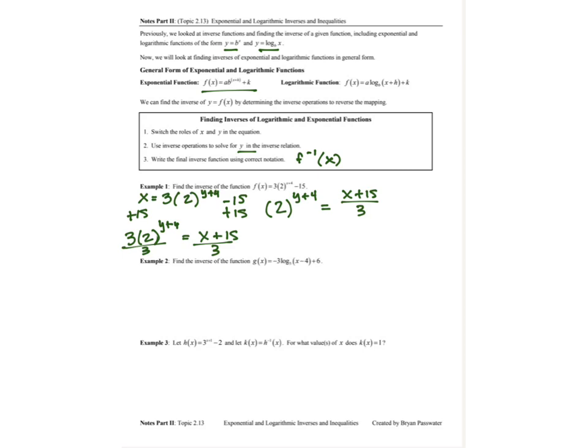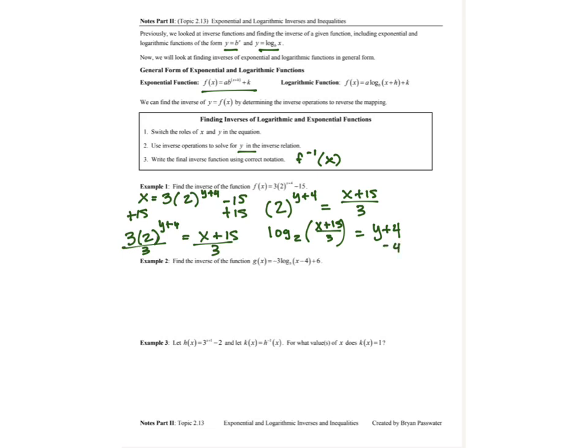So the way this goes is 2 is the base. Log base 2 of the argument on the other side, so of x plus 15 over 3, is equal to, remember the log equals the exponent. So that y plus 4 is what the log is equal to. Last thing we're going to do here? Subtract 4.